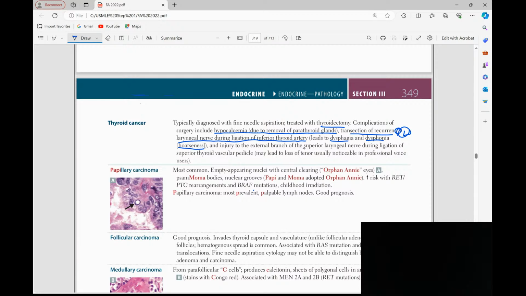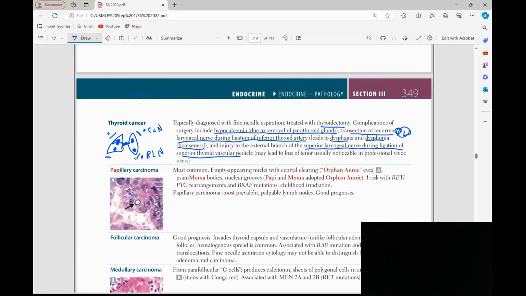And regarding the superior laryngeal nerve and superior thyroid artery, it's like this. This is our thyroid. This is our superior parathyroid, inferior parathyroid, and this is the superior thyroid artery. This is the inferior thyroid artery, and along with the superior thyroid artery there is also the laryngeal nerve, SLN, and here it is the recurrent laryngeal nerve.